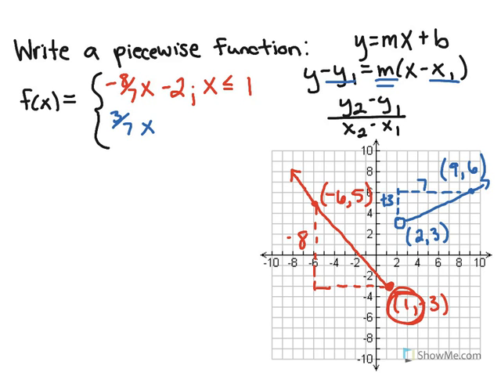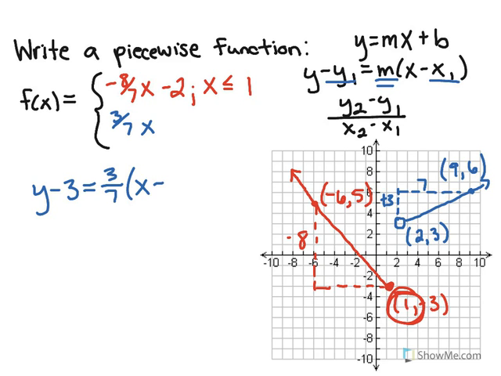Okay, so now we have to use our point-slope form to help us finish this. So I'm going to go ahead and get this set up. So y minus y1. I'm going to choose the point that I like the most. I'm going to choose 2, 3 because the numbers are smaller. And the y value there is 3. So y minus 3 equals m, which stands for slope, which I just determined to be 3/7, times x minus x1.